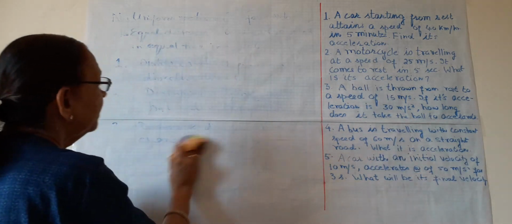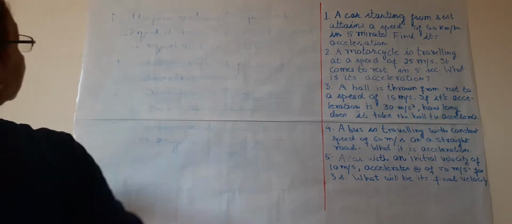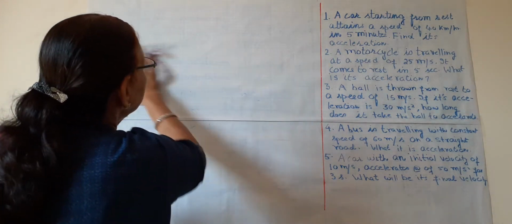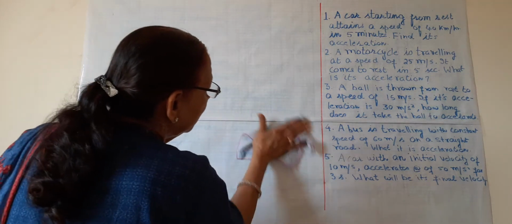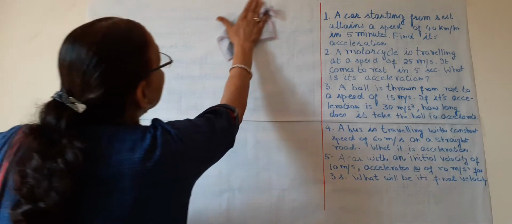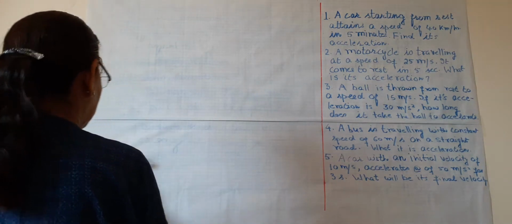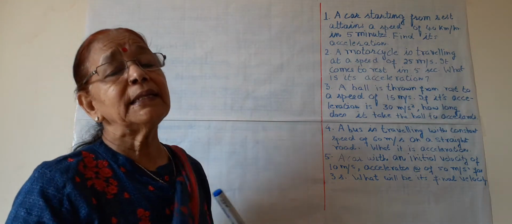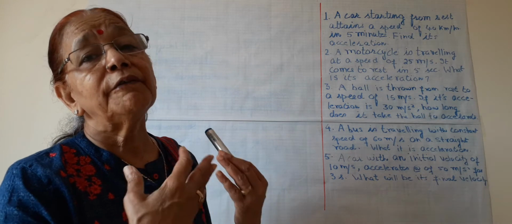Now a very important physical quantity we will discuss, and that is acceleration. It is a very important physical quantity. We know speed, we know velocity, and now what is acceleration? In simple terminology, acceleration is known as rate of change of velocity.